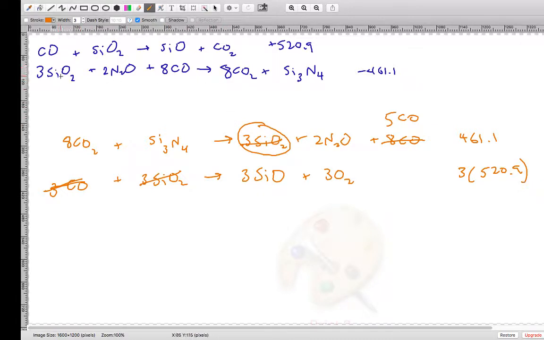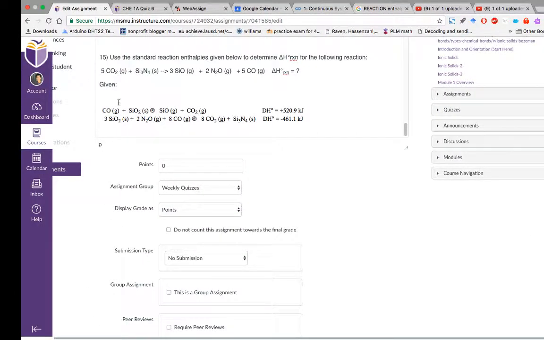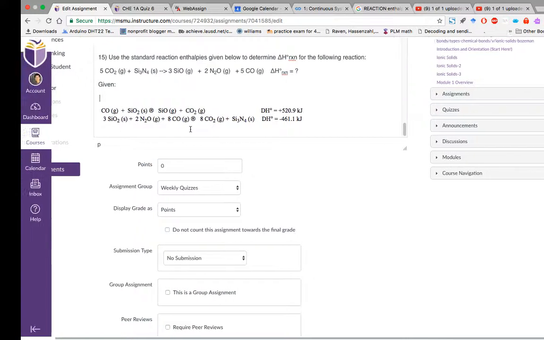Where did this equation come from? This 8CO2 equation. Oh, it came from here. Okay.